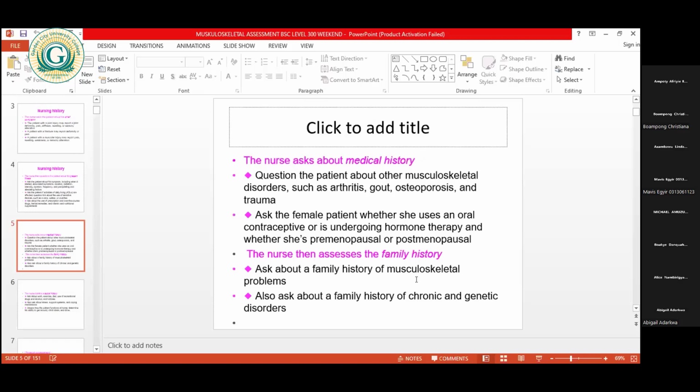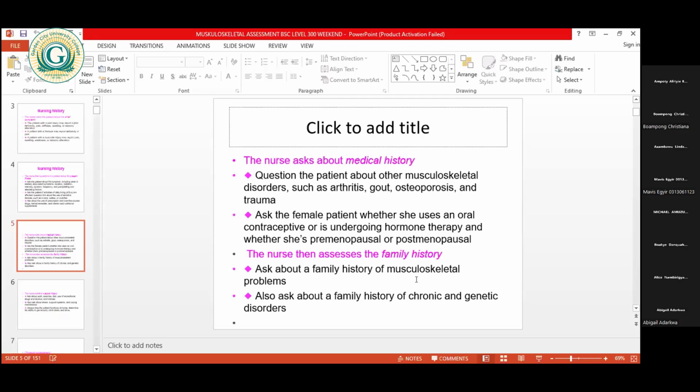So you ask about other musculoskeletal disorders such as arthritis, gout, osteoporosis, and trauma. Then you ask the female patient whether she uses oral contraceptives or is undergoing hormonal therapy, and whether she has premenopausal or postmenopausal symptoms. She is in which stage of her development.